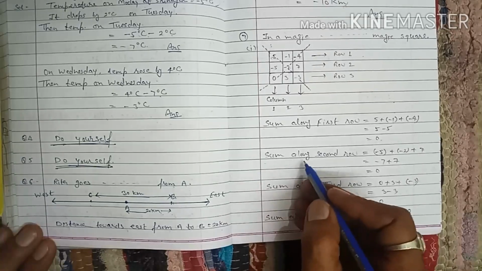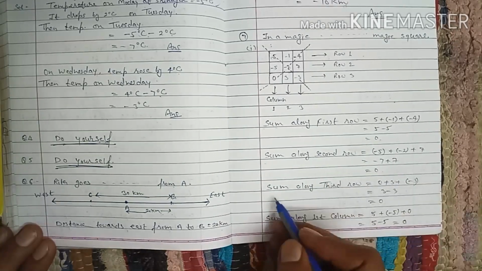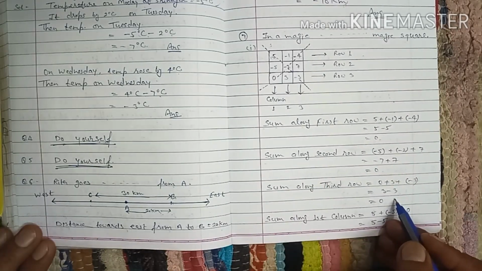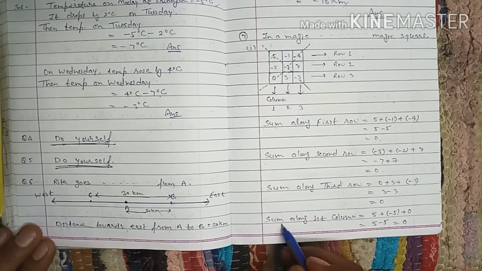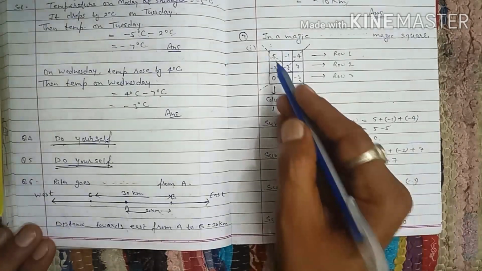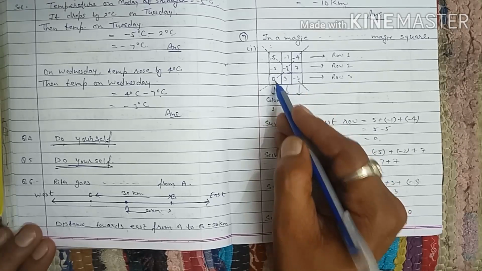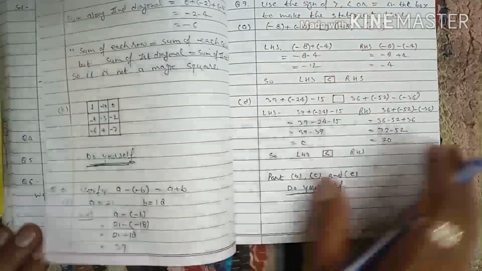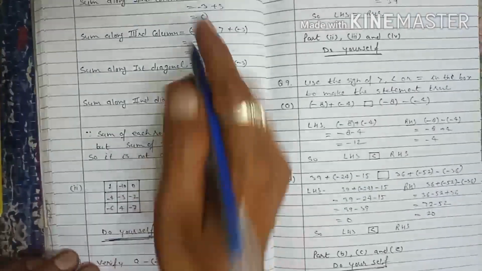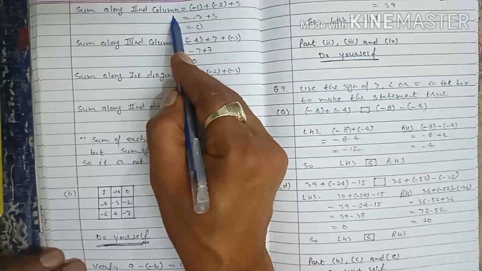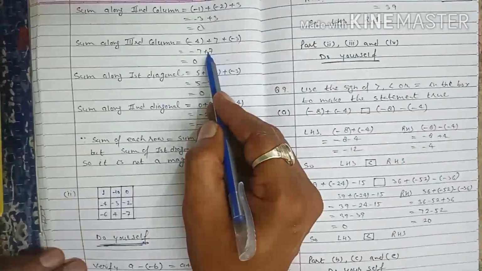Similarly, sum along the second row 0. Sum along the third row 0. Now columns. Sum along the first column 5, -5 and 0. That is 0. Sum along the second column 0, third column 0.